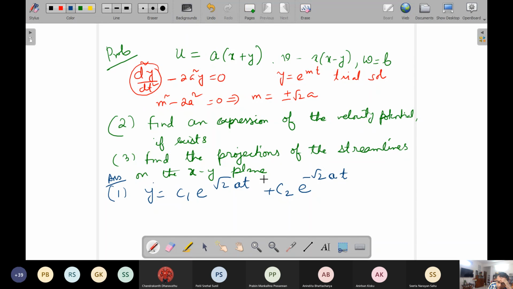So now you have the conditions at time equal to 0, or at time equal to t0.